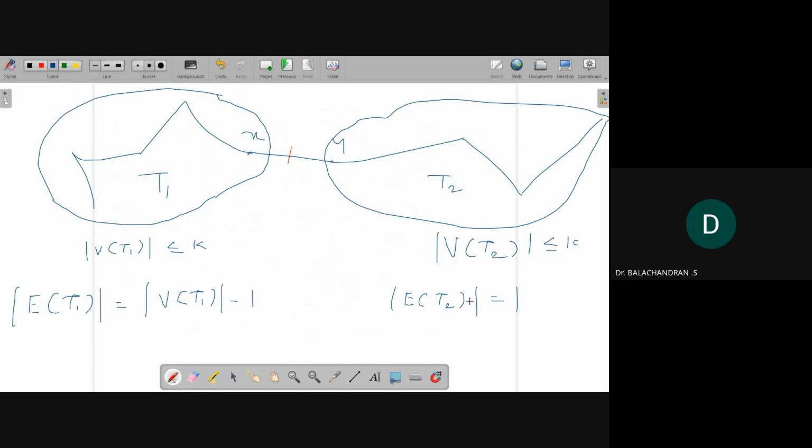Similarly, the number of edges in T2 is equal to the number of vertices in T2 minus 1.